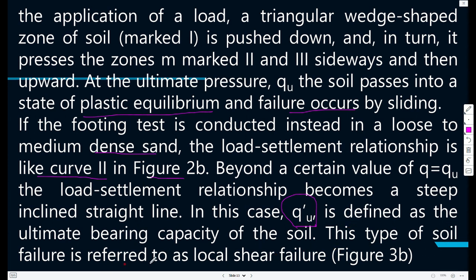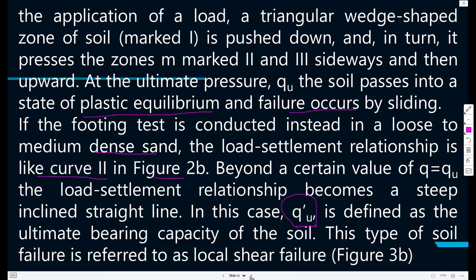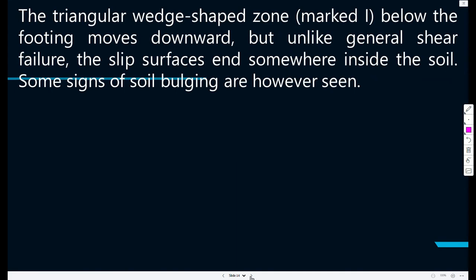This type of soil failure is referred to as local shear failure, which we have already talked about in figure 3b. So the key you should take home is that when soil is stiff, we expect generalized shear failure. When soil is loose to medium dense, we can have local shear failure, and that determines which formula to be used.